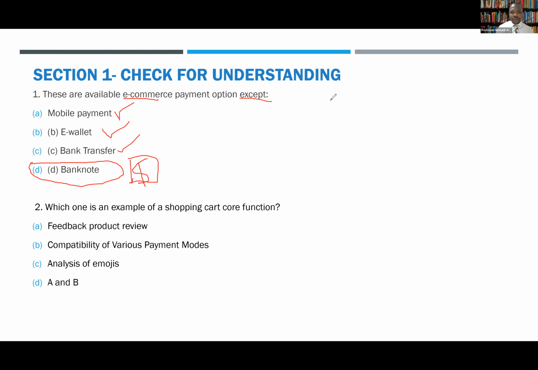Okay, let's do another one. Which one is an example of a shipping or shopping cart core function? Let's say, which one is an example of a shopping cart core function?